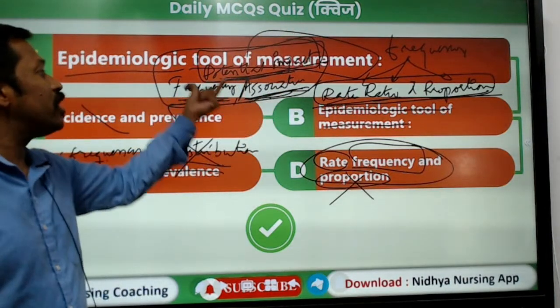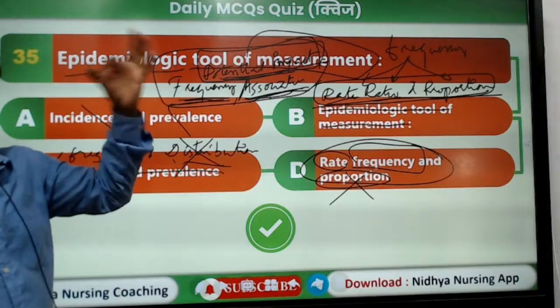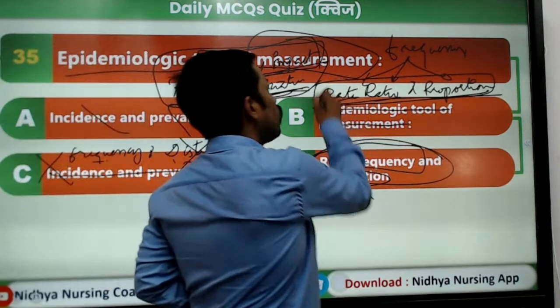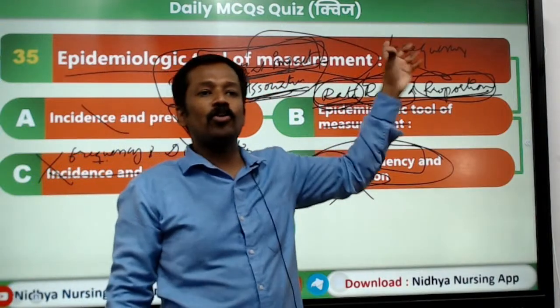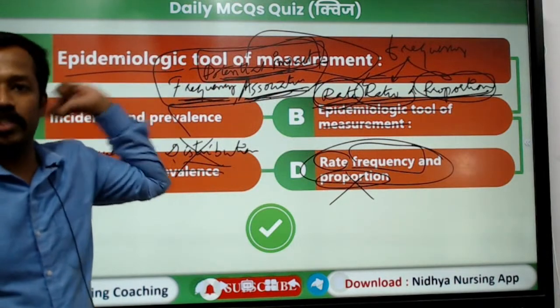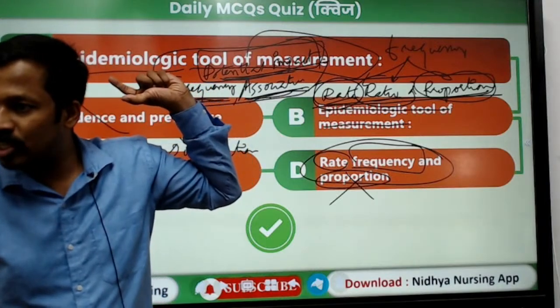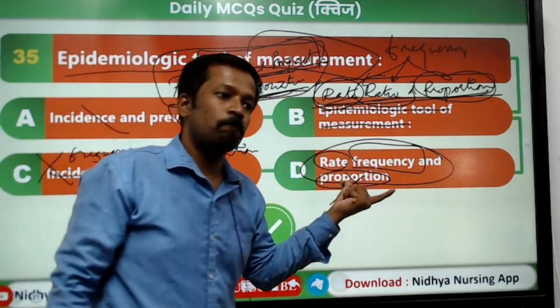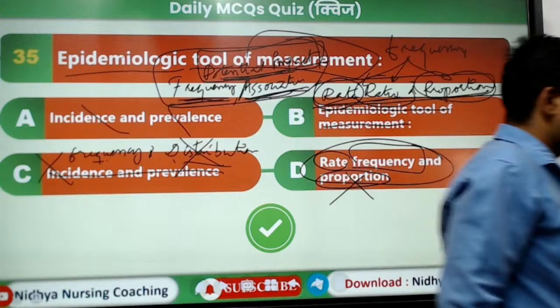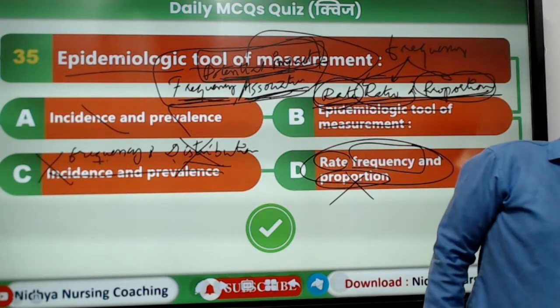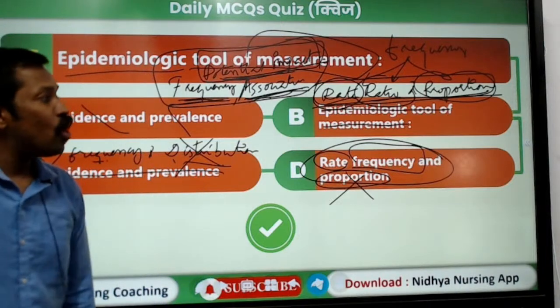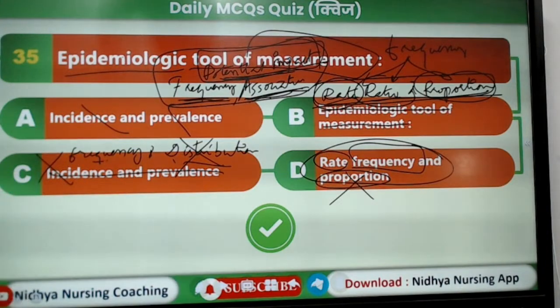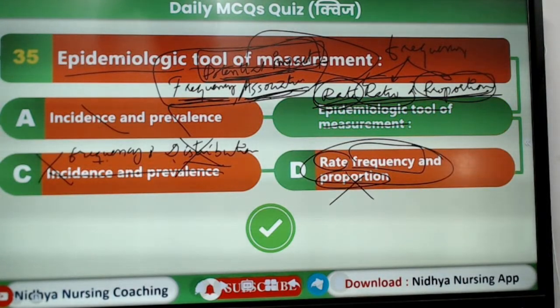Out of that, frequency is of three types: rate, ratio, proportion. With rate, ratio, proportion we can identify frequency. Got it? So the exact answer is rate, ratio, proportion.